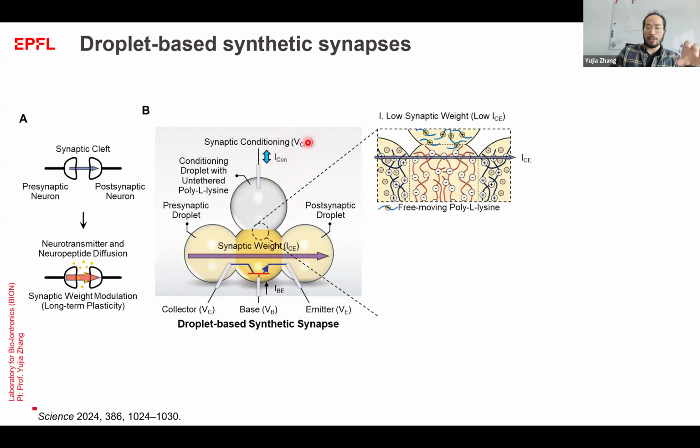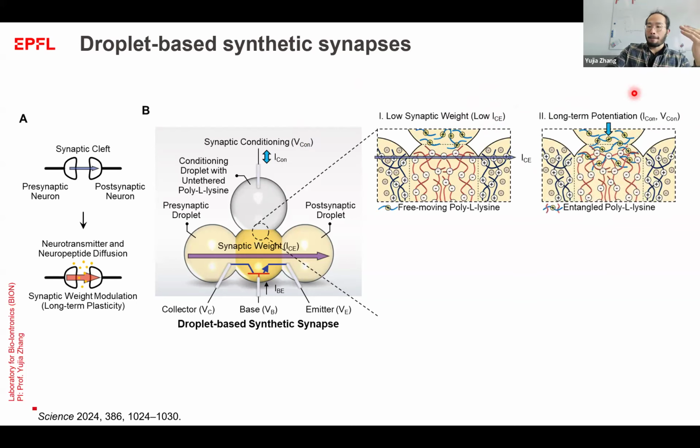And therefore, we can use this large molecule to achieve some memory effect. The process is shown on the right-hand side. At the beginning, the polylysine is located at the top droplet, as shown here. If we apply a high input voltage or current, it will push the polylysine to insert into the middle, the base droplet here.